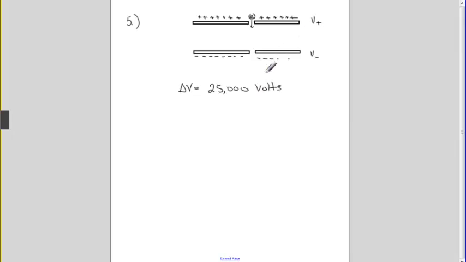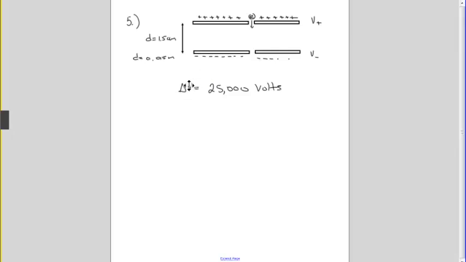So you can measure that with a voltmeter if you have the right kind of voltmeter. And it says the distance between the plates is 1.5 centimeters. So D equals 1.5 centimeters, which we will convert to meters immediately. So it's 0.015 meters.